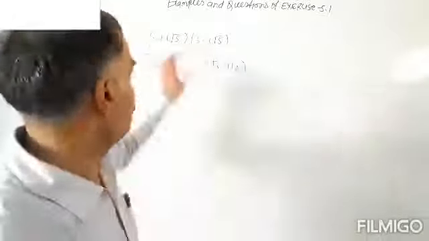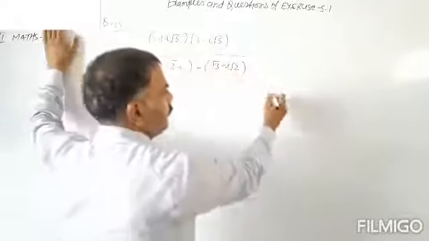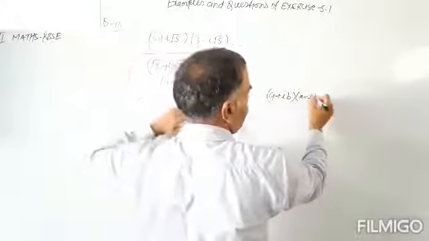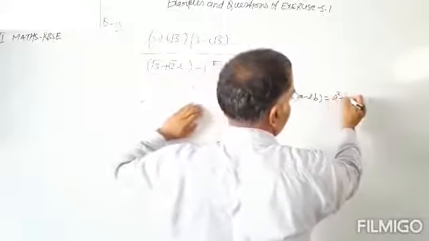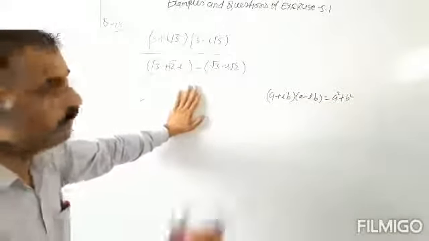Okay, so multiplying a plus iota b with a minus iota b. We know that a plus iota b times a minus iota b is equal to a square plus b square. I have already told you how this is obtained.